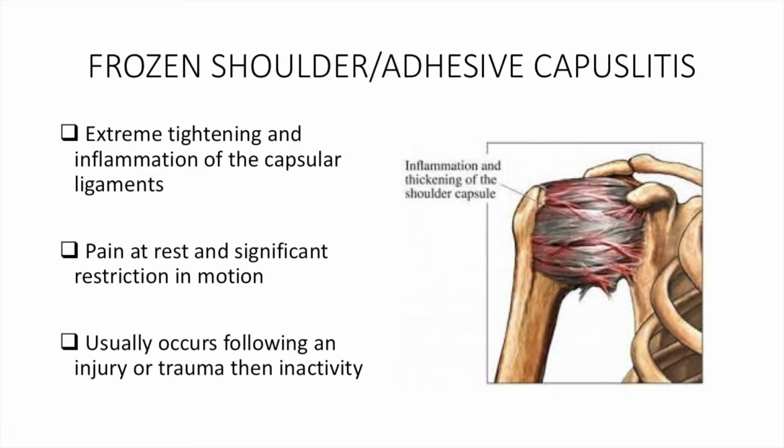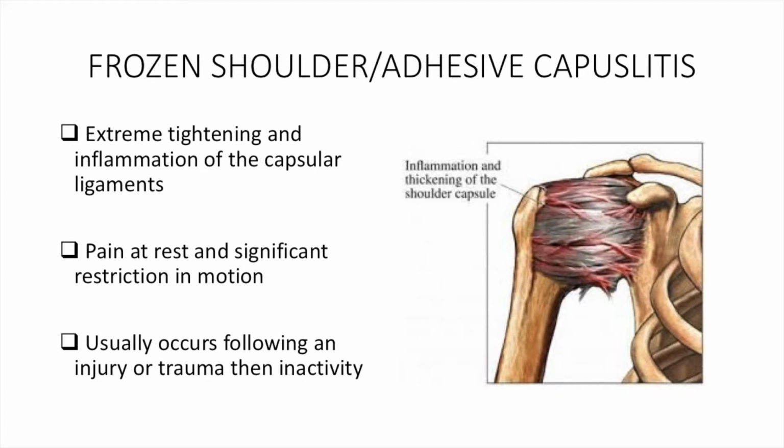It's the same thing as it says: the shoulder gets frozen. It's very hard to move in certain positions, and because of all the inflammation and that lack of mobility, it clamps down on the joint and causes a lot of pain at rest. So typically you will have pain at rest and significant restriction in your motion. Typically the loss of motion happens first, and then later on you get the pain.